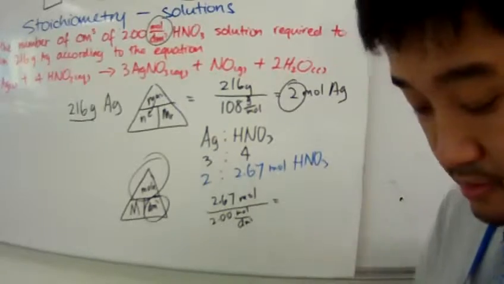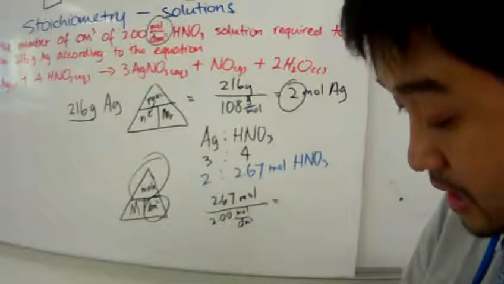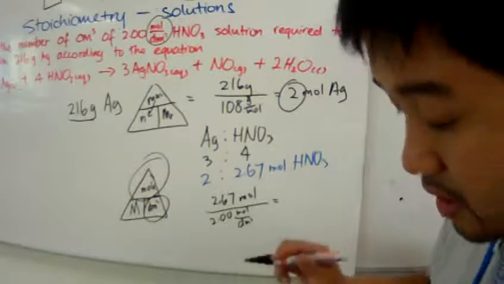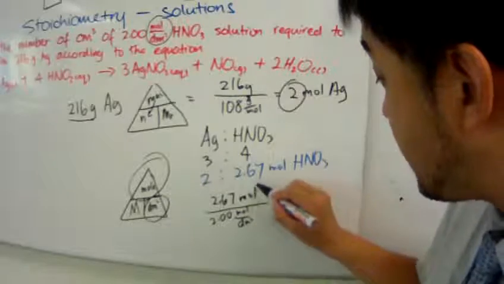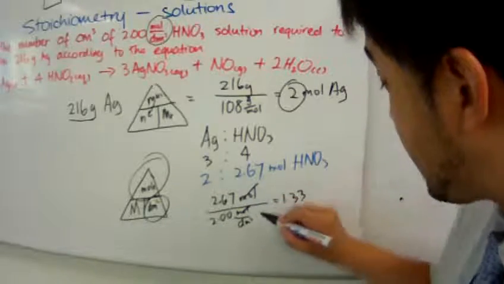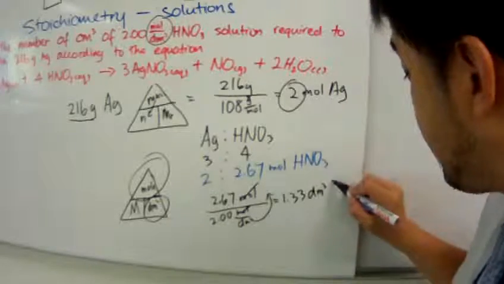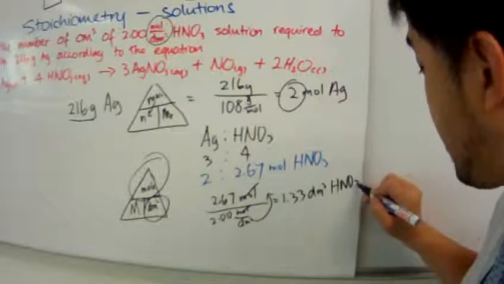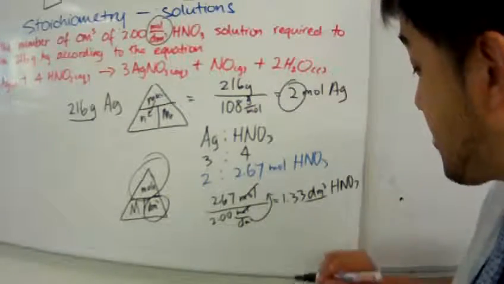And what do we have? We have 1.3. Okay? Now, the units of the moles here will cancel out, and the unit of dm cube will go up top. And so this would be the volume of nitric acid used in cubic decimeters.